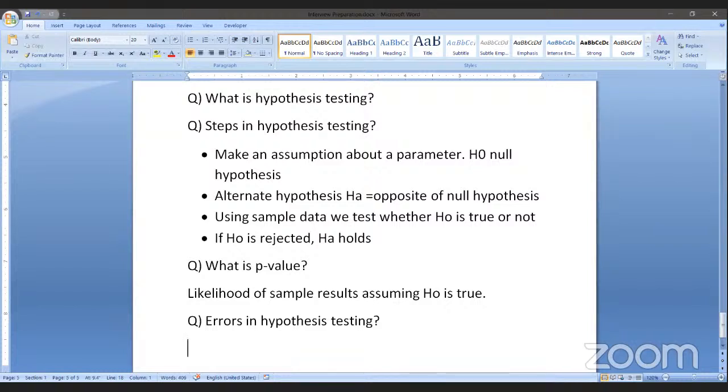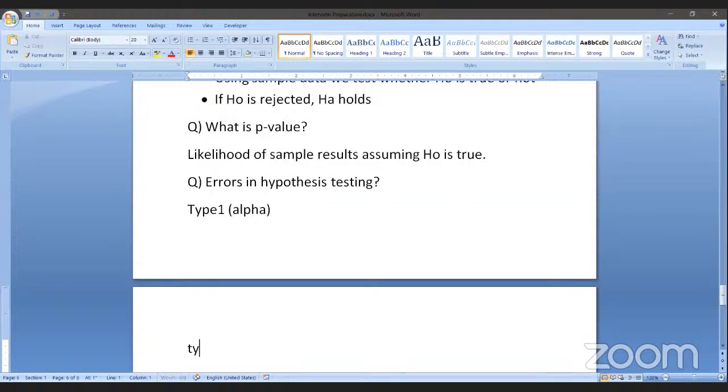So p-value, if p-value is low, basically null hypothesis is rejected. Yeah, so alpha, beta, or type 1 or type 2 error. Basically type 1, which is also alpha, and type 2, which is beta.